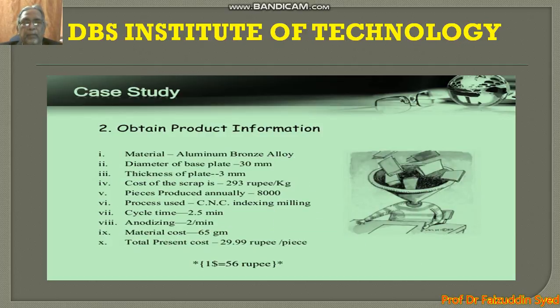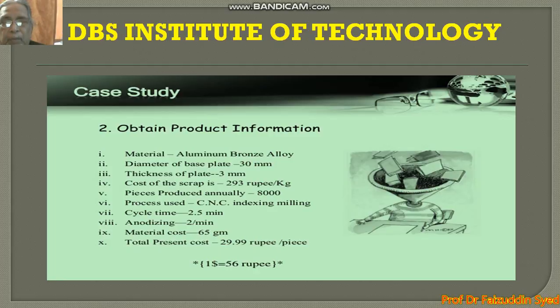Now you will have to obtain product information. You can see the data here. The material to be used here is aluminum bronze alloy. What is the diameter? The diameter of the base plate is 30 mm. What is the thickness of the base plate? The thickness of the plate is 3 mm.